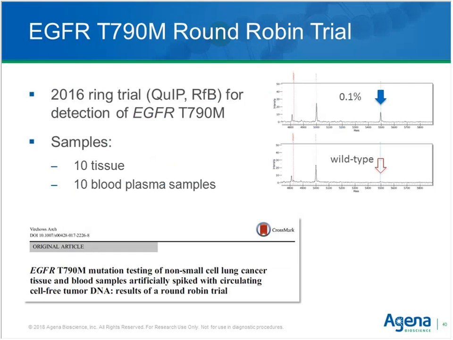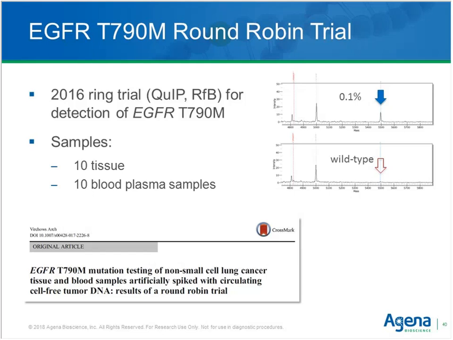Here is one example of a ring trial, a round-robin trial, performed in Germany in 2016 about the detection of T790M, sending 10 blinded tissue and 10 plasma samples to the participating labs. In the article at the bottom, you can see the results of that study and which technologies performed well and which not so well.